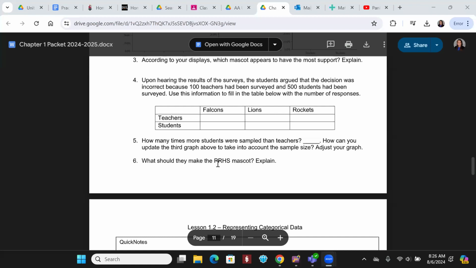Okay, so answering this question on number 5, we put 5 here, which we added 4 more student bars.